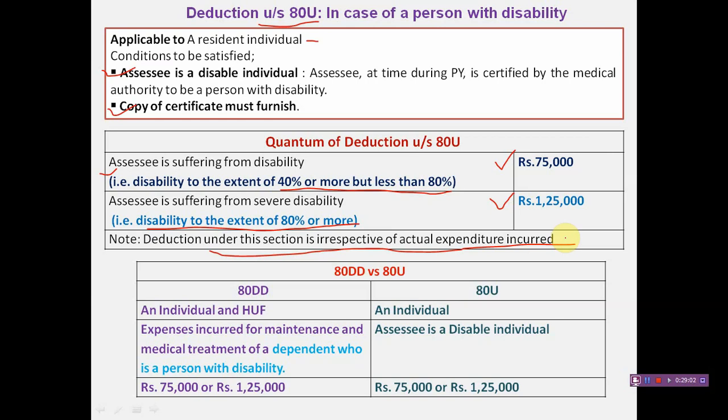It is also relating to a disabled person, but in case of deduction under section 80DD, it is for expenses incurred for maintenance and medical treatment of a dependent who is a person with a disability. But this deduction is in respect of the person with a disability. It means assessee himself is a disabled person.